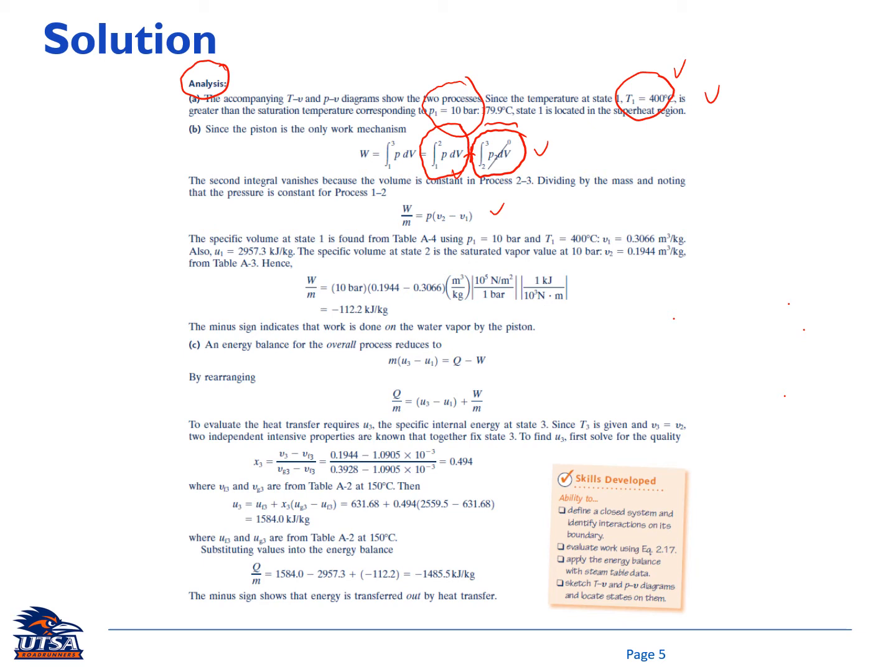Now what we need to find out is the specific volume at state 2 and state 1. For the specific volume at state 1, which is at superheated condition, you need to use table A4. Go to table A4 and find the specific volume at 10 bar and temperature 400 degrees C, and you will get this number.